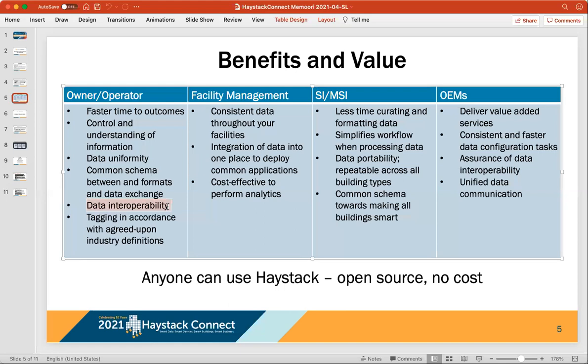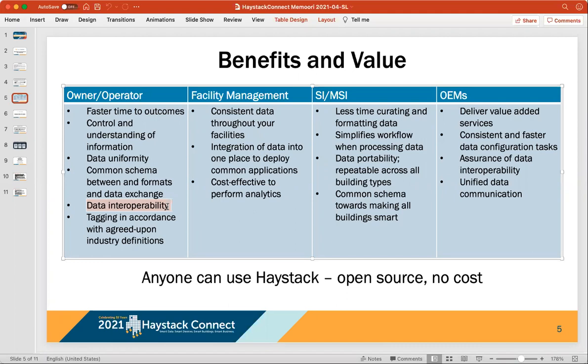Yeah, thanks, Mark. I want to pick up on that word, data interoperability. Having been in the automation industry for a number of years, a lot of people assume that we get interoperability from the open or standard protocols out there, and you do get a level of interoperability.